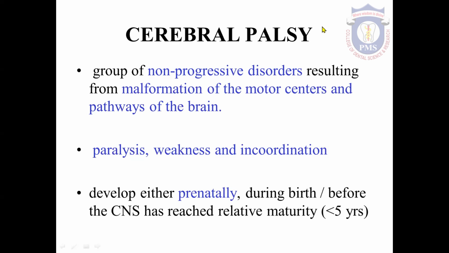So if anything happens to the developing brain, it can lead to cerebral palsy. So it can be prenatally, at birth, or within 5 years after birth. Any damage caused to the developing brain can lead to this condition.